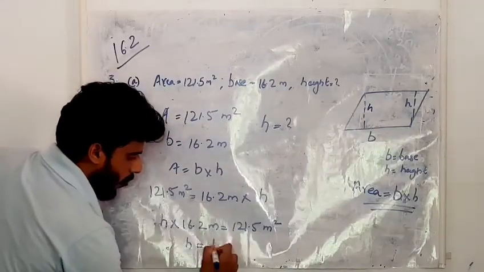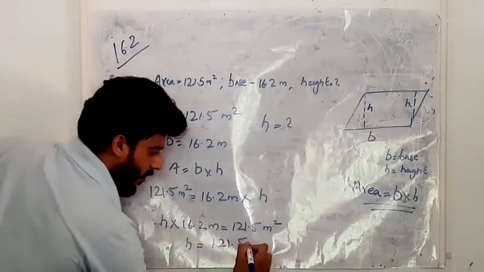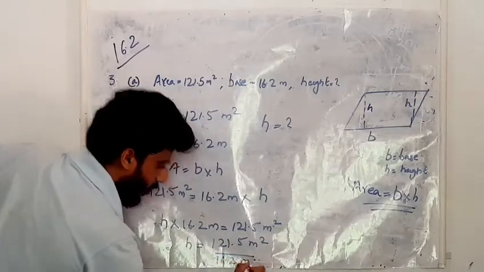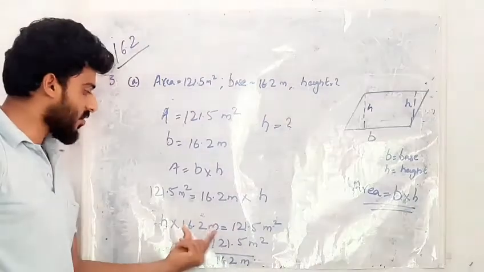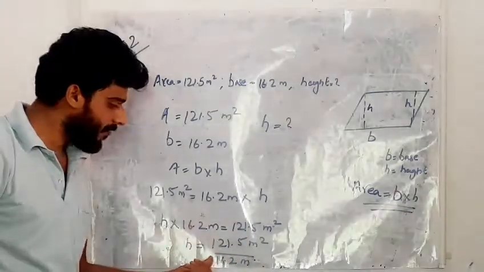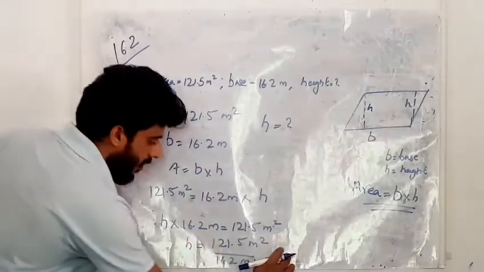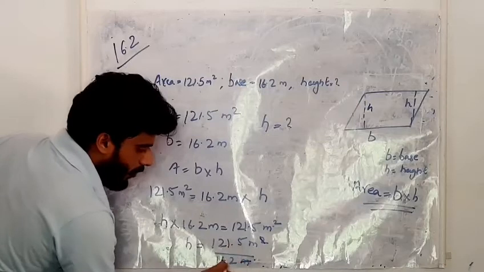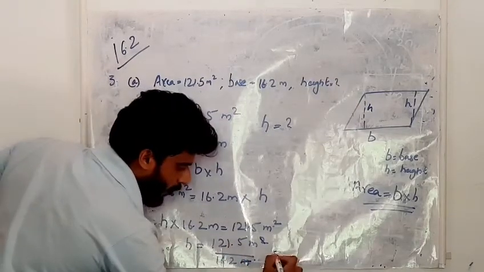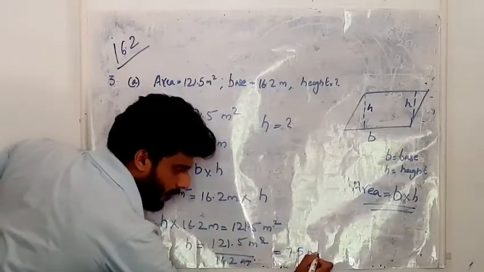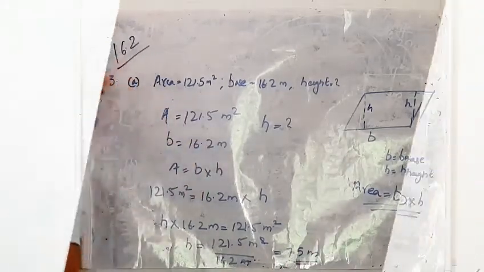H is equal to 121.5 meter square divided by 16.2 meter. Meter square and meter cancel one meter, and 121.5 divided by 16.2 is 7.5, so 7.5 meter is our answer.